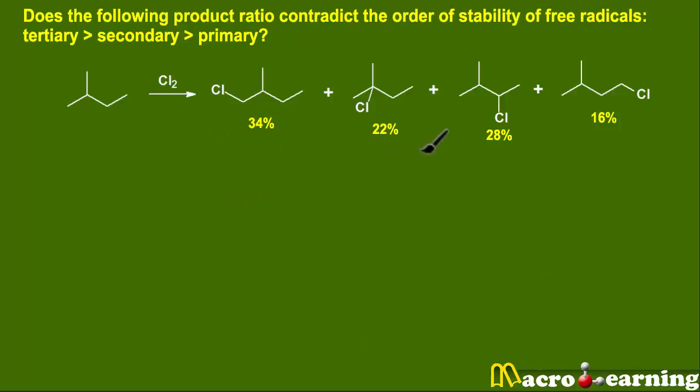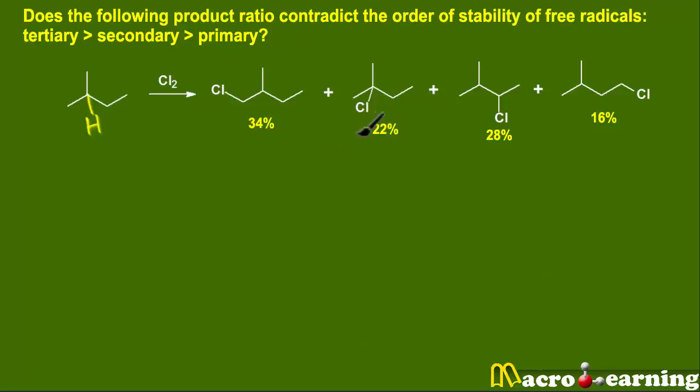Well, I'm afraid that at first glance it might appear to really contradict the order, because if you look at this product here, it's from the reaction of chlorine with this tertiary hydrogen, right? And this hydrogen is going to be more reactive than either the primary or secondary ones. That should give rise to the dominating product. It should produce the major product.